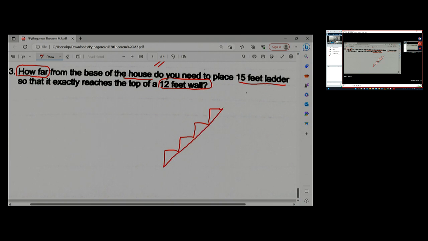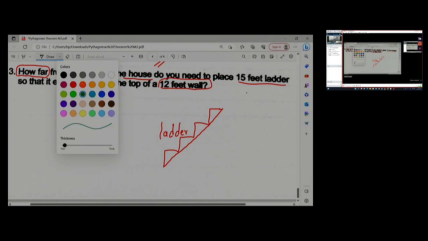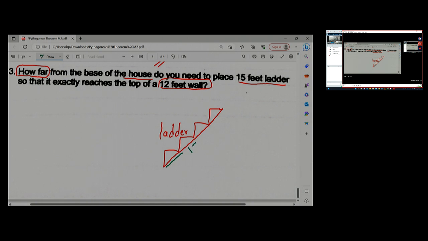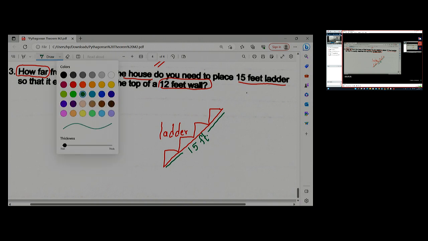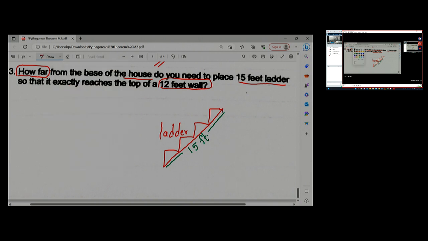What is the length of the ladder? Length means how long? 15 feet. Understand? And we have a house, the wall of the house.